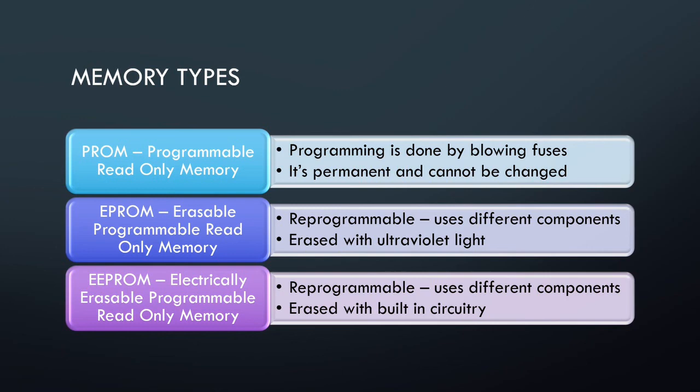What is a lot more user-friendly and easier to use is EEPROM, electrically erasable programmable read-only memory. That's a mouthful. So this can be programmed multiple times, and it uses different components to program it than the previous two. So this type of memory can be erased with built-in circuitry, which essentially means you can erase the information and reprogram it an unlimited number of times.